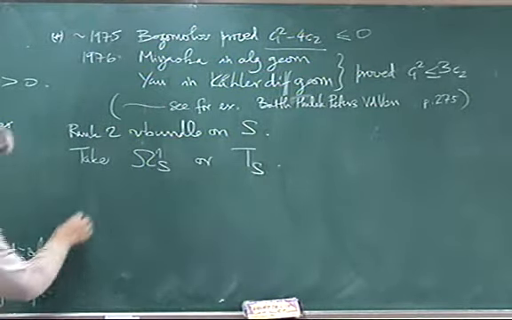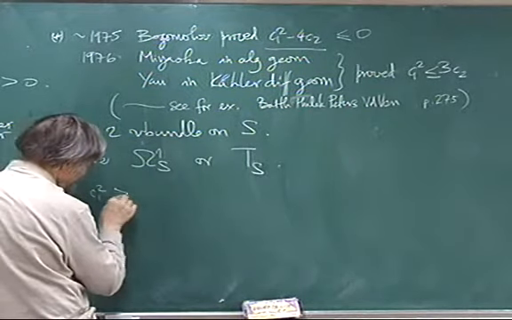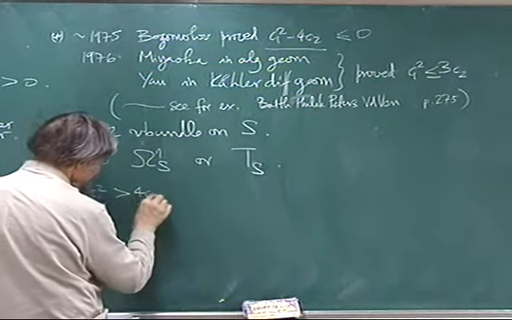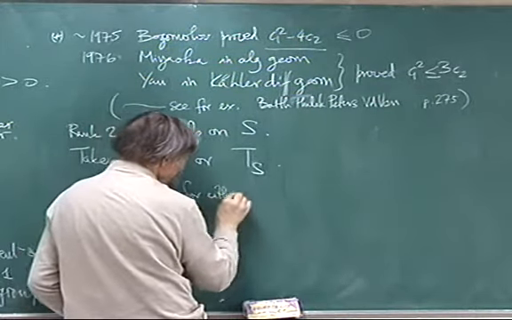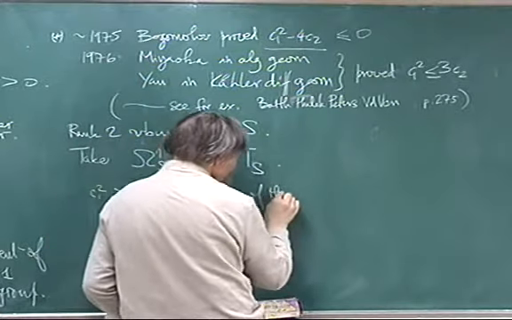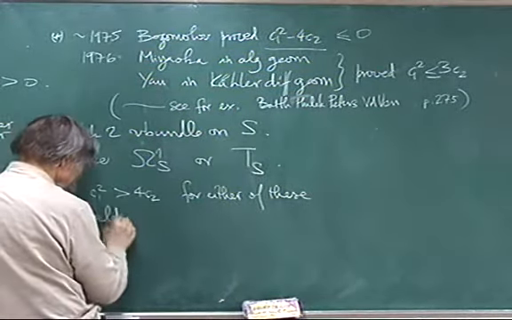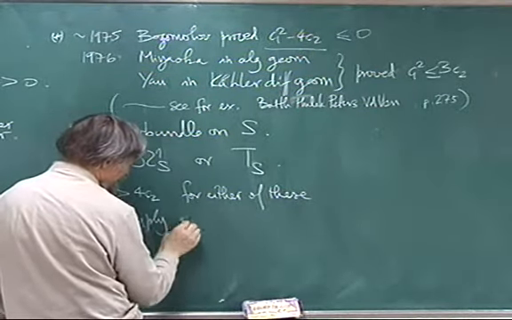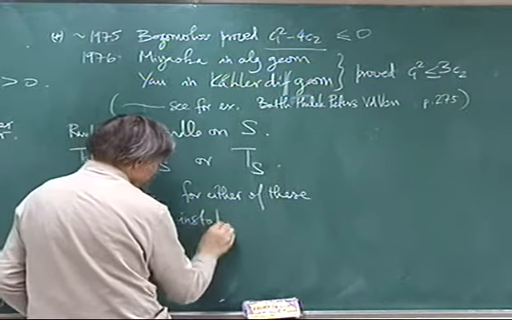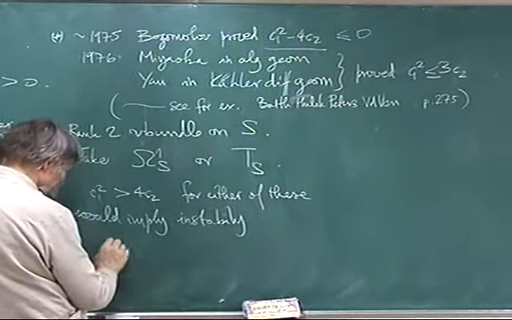Then C1 squared greater than 4C2 for either of these would imply instability, in the same sense I've had earlier.